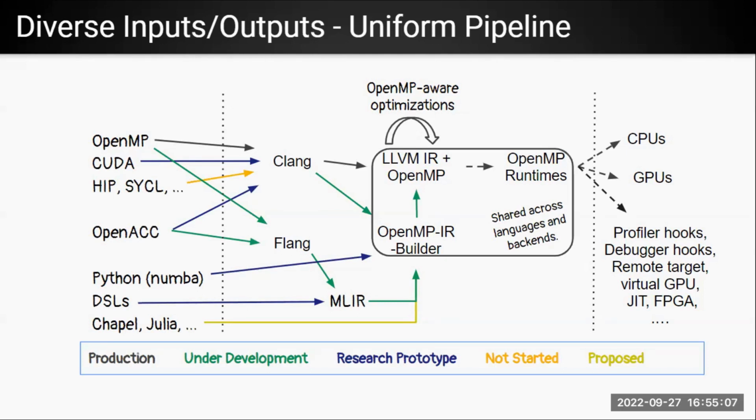On the left side, you see all the different inputs now, programming languages and other things. What I'm trying to say here is, if you think OpenMP, forget the pragmas. So little of the OpenMP infrastructure in LLVM deals with pragmas. It's ridiculous. Pragmas are the first thing we get rid of really fast, and then there are no pragmas anymore. You don't need pragmas.